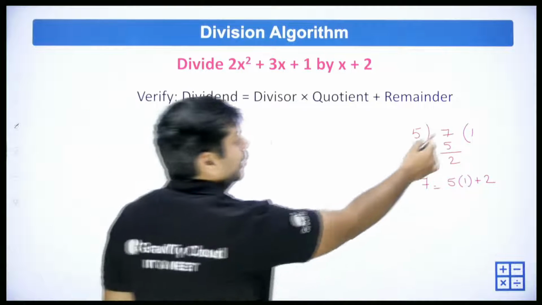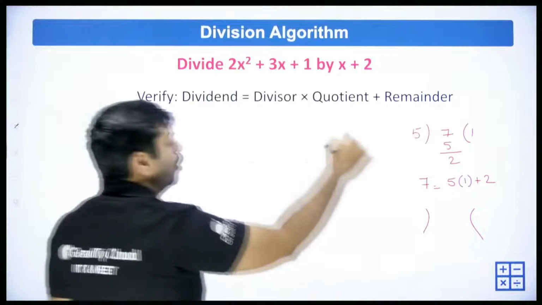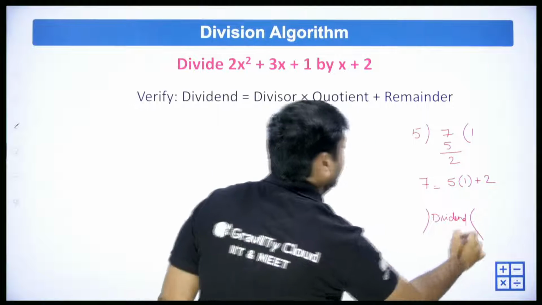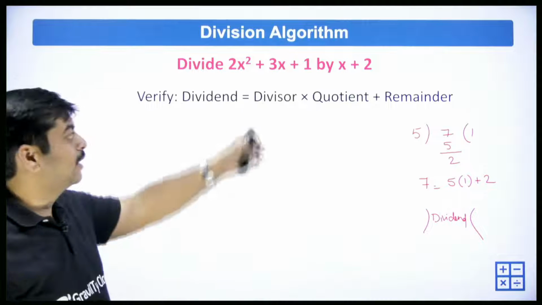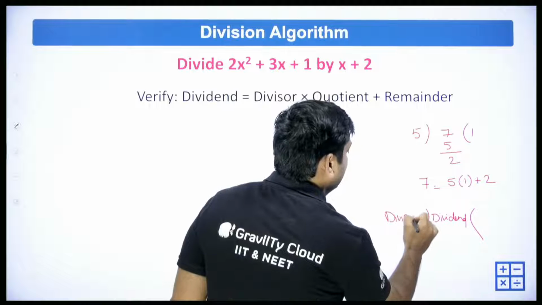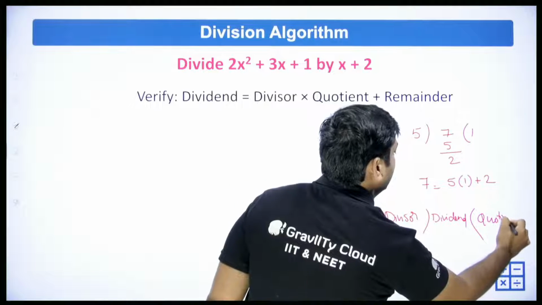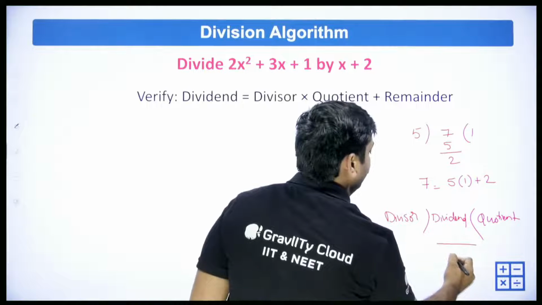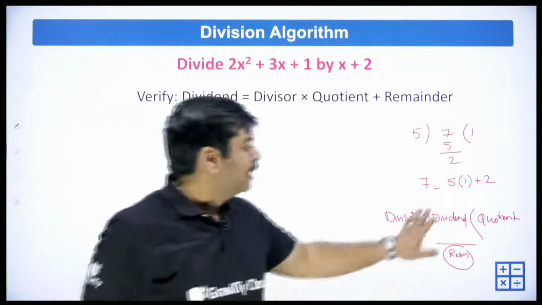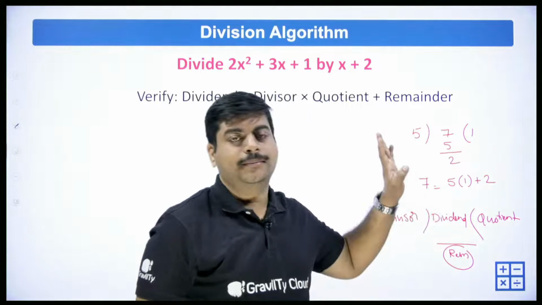The number which we are dividing is called the dividend. The number by which we are dividing is called the divisor. The value we get on top is called the quotient. And finally, whatever is left is the remainder. Dividend is equal to divisor into quotient plus remainder.